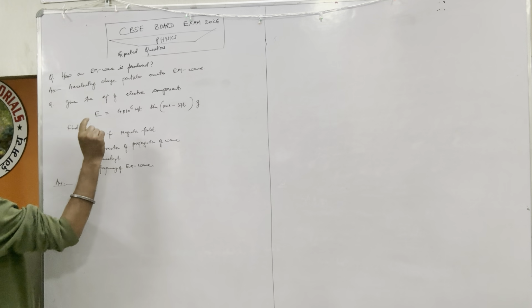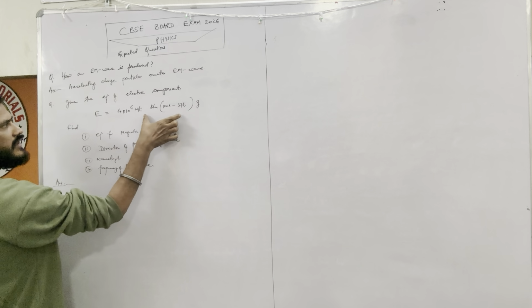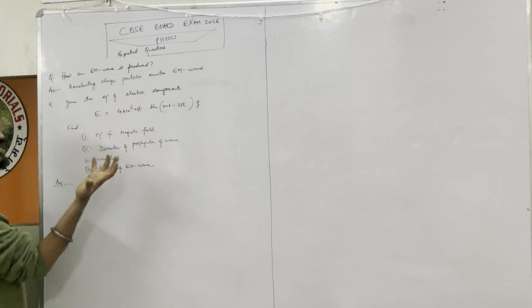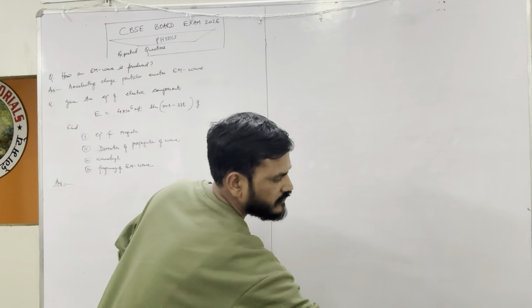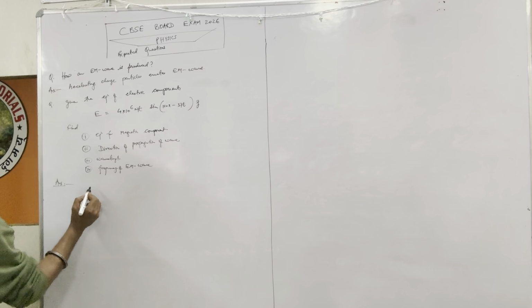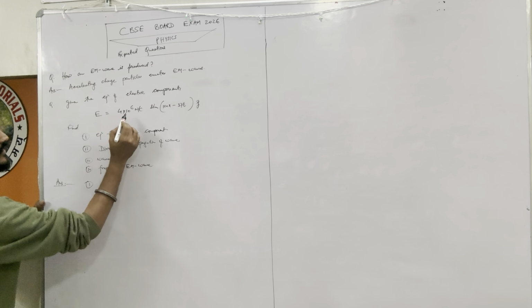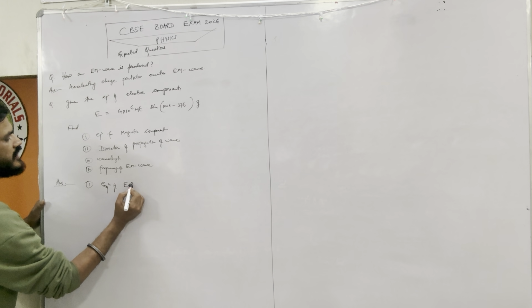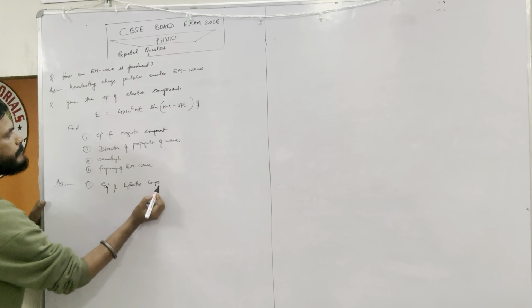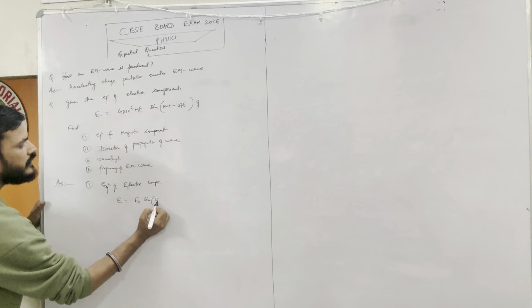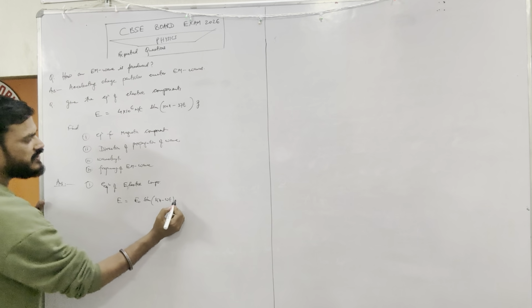Now the other question: the equation of the electric component of an EM wave is given, and you need to find the equation for the magnetic component. The electric component is given by E equal to E naught sine kx minus omega t j.